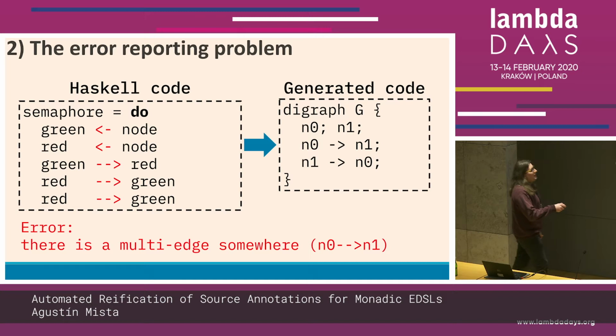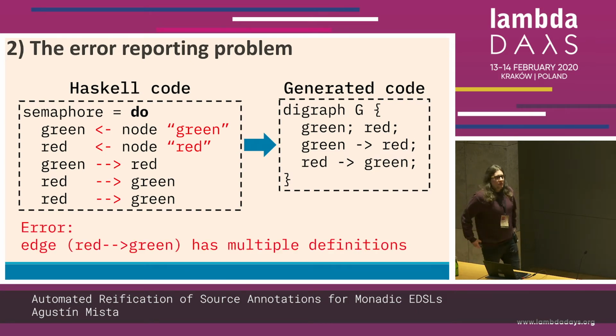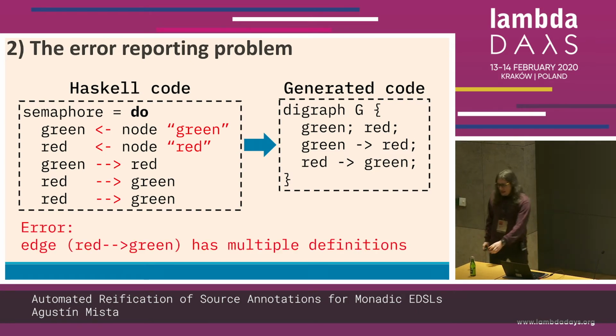The edge red-green has already been defined in this other file. It's a very concrete error message that we would like to get, and we cannot right now because we don't really know where these things are defined. All right? So these two problems are the ones that we try to solve in this work. All right? And how do we do this?